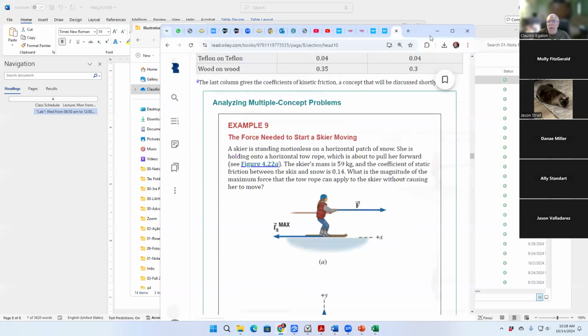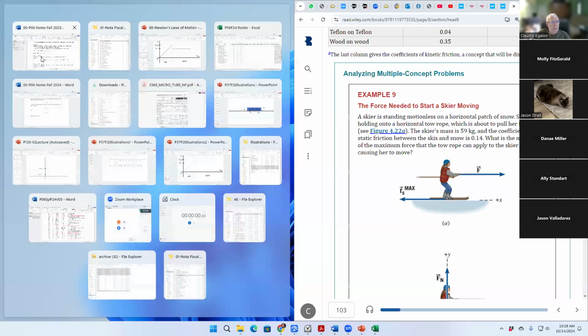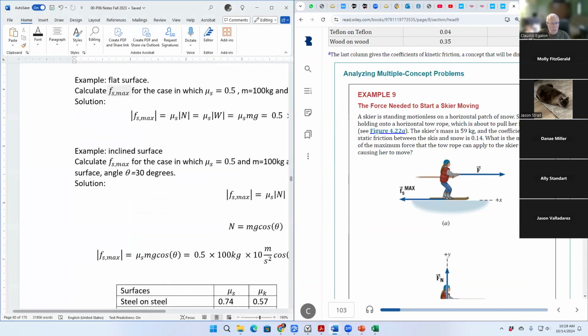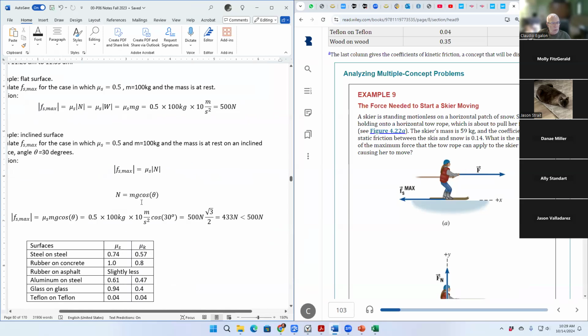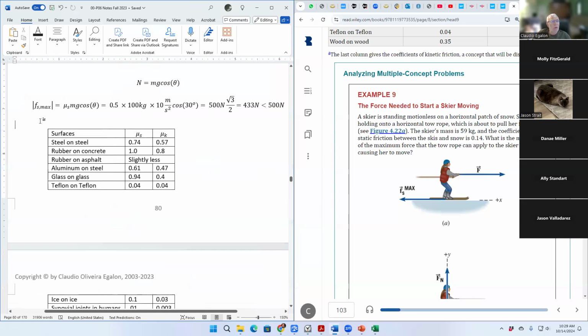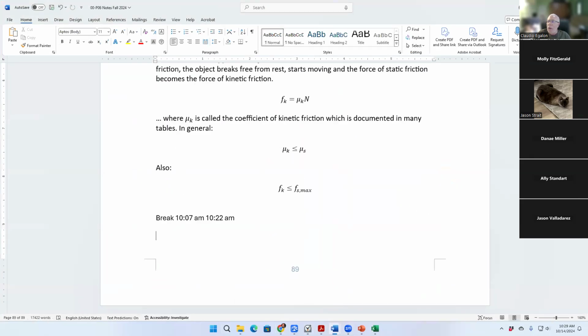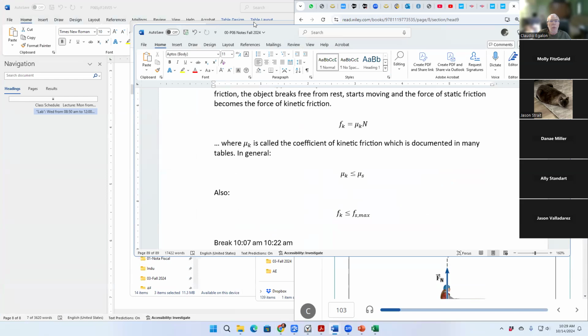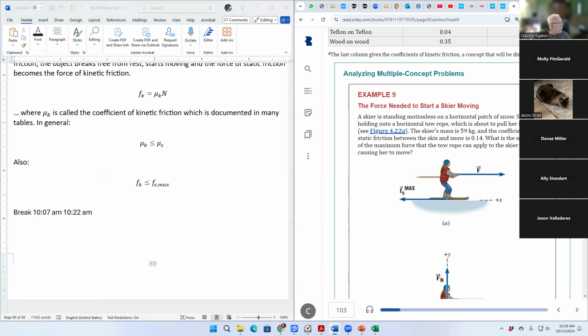Okay, let's do that. I'll put it side by side. Here you go.